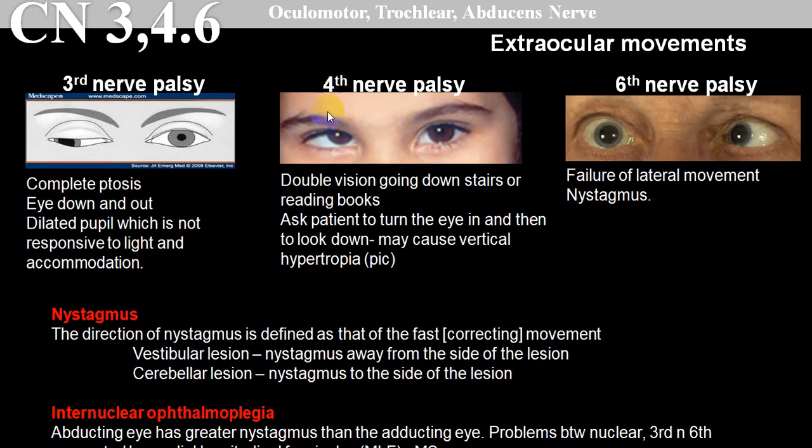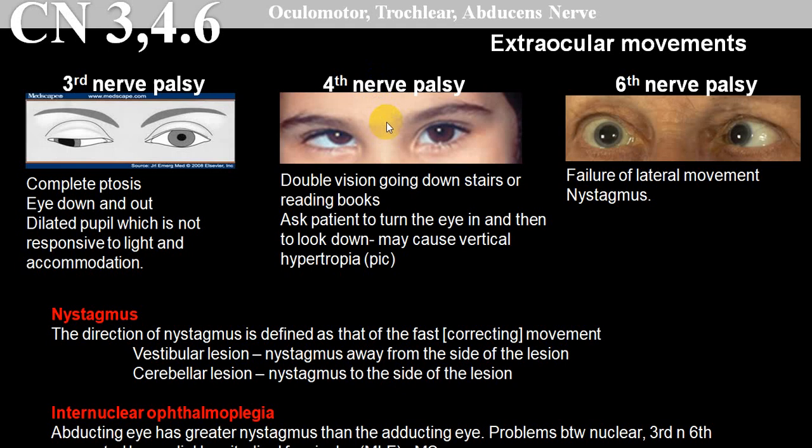This side the fourth cranial nerve is affected, so it is deviated upward and medially. Asking the patient to turn the eye in and then look down may cause a vertical hypertropia. So when asked to look down, the person will have a deviation of the eye which will be upward and medial. That will be peculiar in fourth cranial palsy.